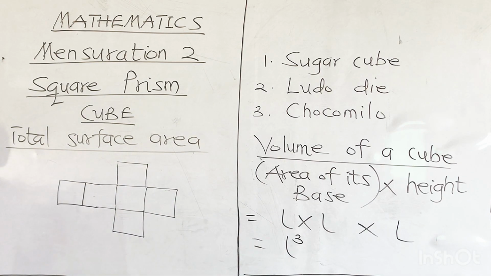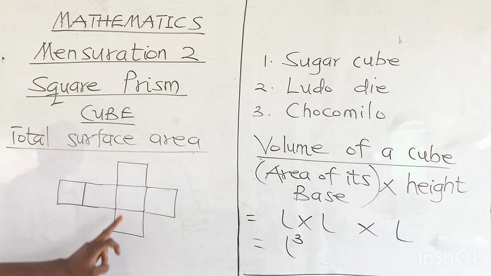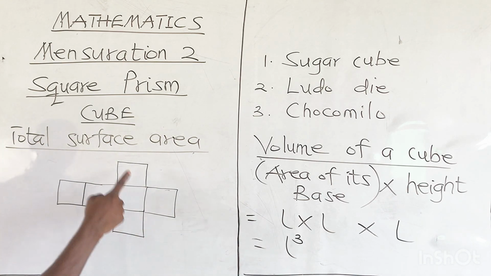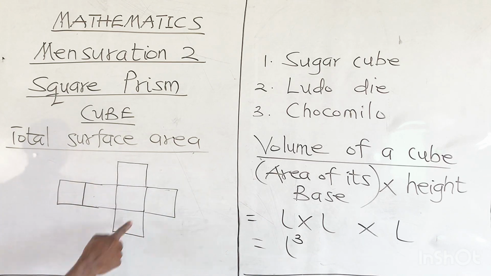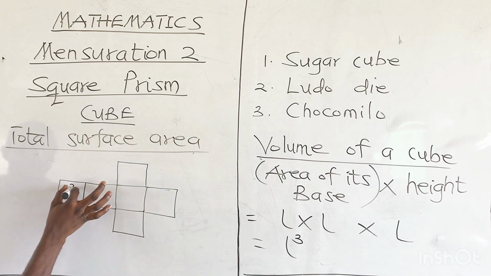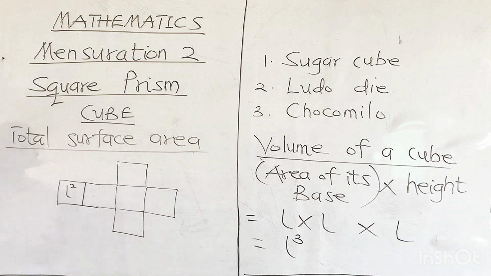So if you want to get the total surface area of a cube, we have 1, 2, 3, 4, 5, 6 squares. And because you are looking for the area, each square has the area L squared, because it's L times L. That is the area of a square.